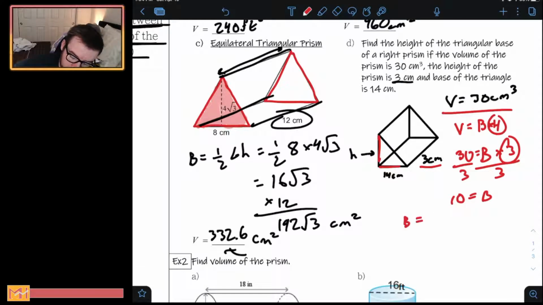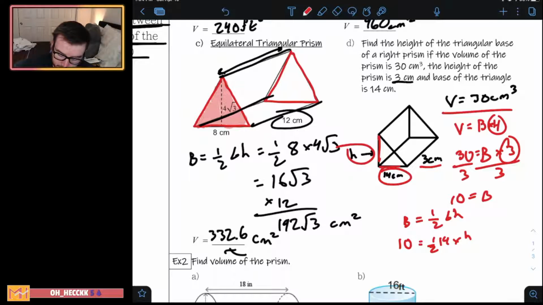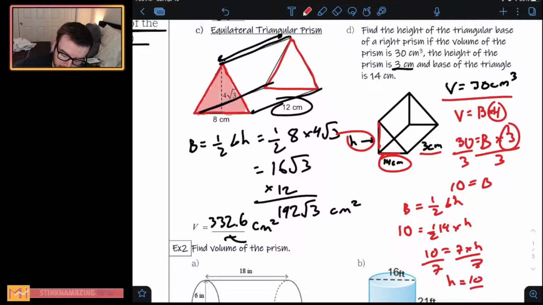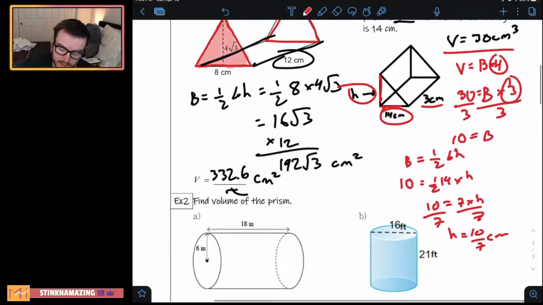The area of the base is 1/2 base times height. So 10 equals 1/2 times 14 times the h that we're missing. Half of 14 is 7. Divide the 7 away. So my height is 10/7 centimeters.